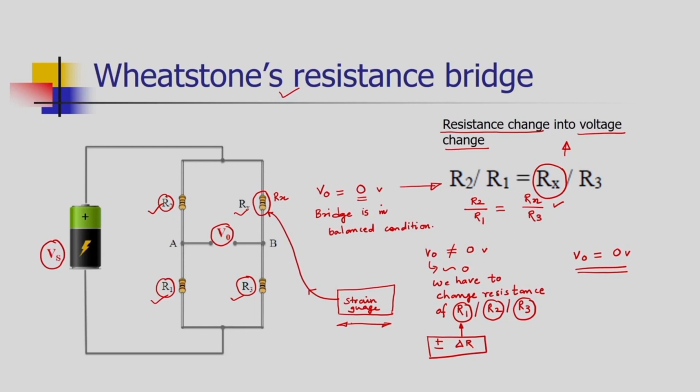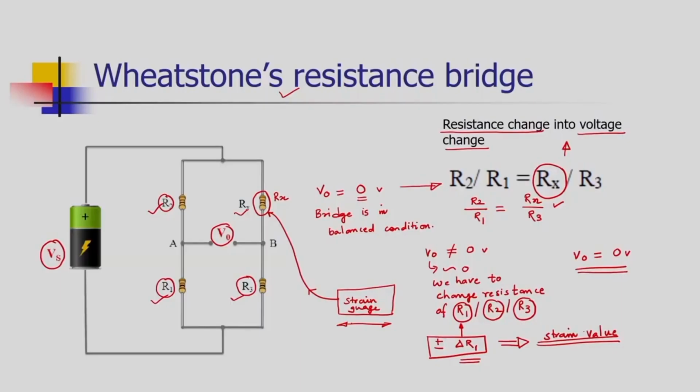The change in resistance in R1 to get output voltage equal to 0 indicates the strain inside the strain gauge, the strain value. In the laboratory, for known values of strain, we can easily get the delta R1, and in this way we can calibrate the strain gauges.